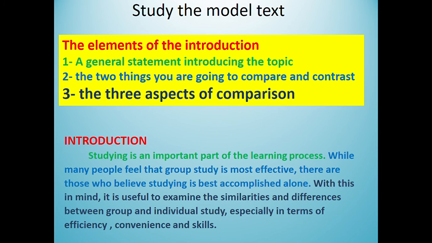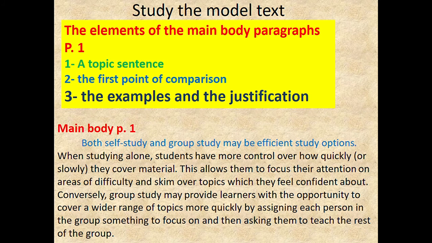And what are the elements for the main body paragraphs? As the first one, you should present your topic sentence, the first point of comparison, then give an example and justification. You are going to use comparatives, compare and contrast, and linking words, all that you need to write your own main body paragraph.